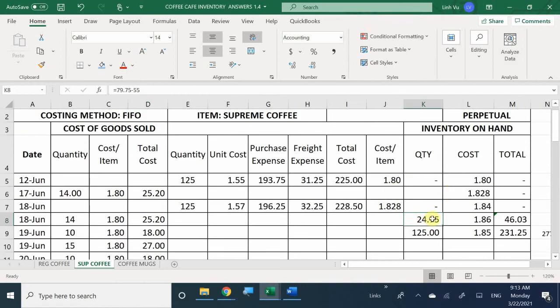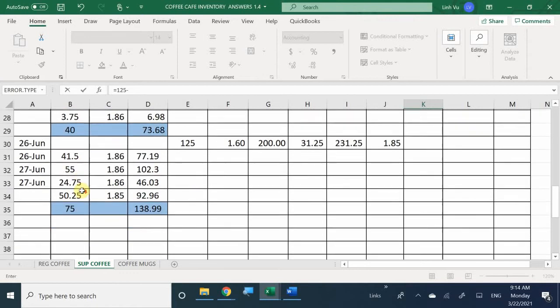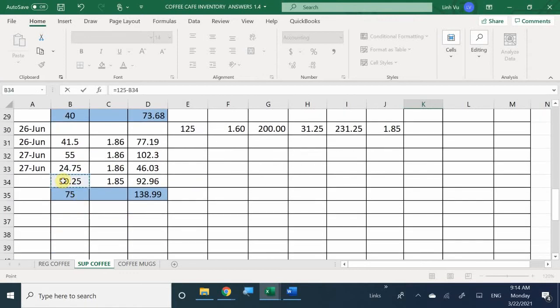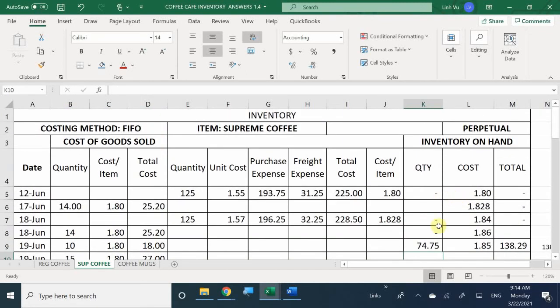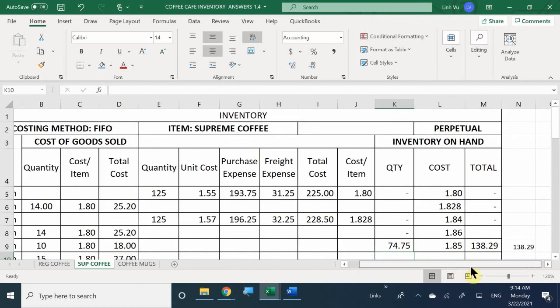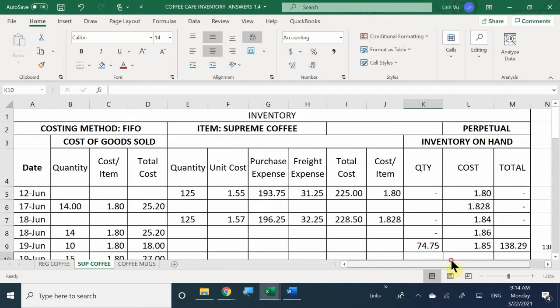So let's update my inventory. I got rid of the 24.75. And let me see, what is 125 minus 50.25? 74.75, which should give me a grand total once again of 138.99.